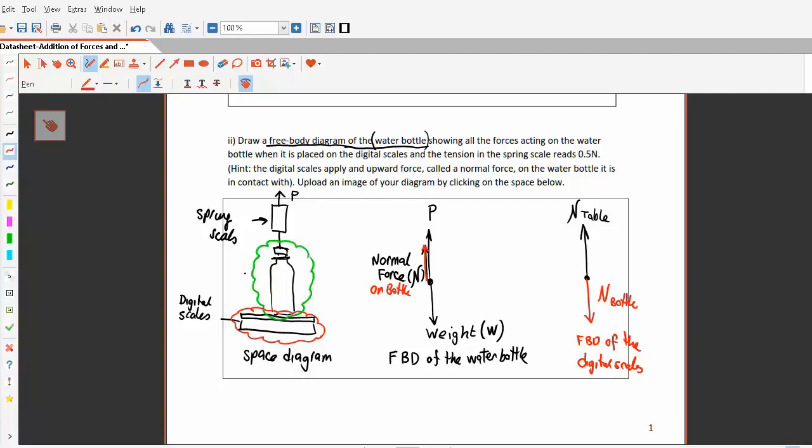So the reading on the digital scales is given by this value here, how much the water bottle is pushing down. But that's equal to how much the water bottle is being pushed upwards by the platform of the digital scales. So these are mutual forces of interaction between the bottle and the digital scales. So this is a different way of looking at how the forces are acting.